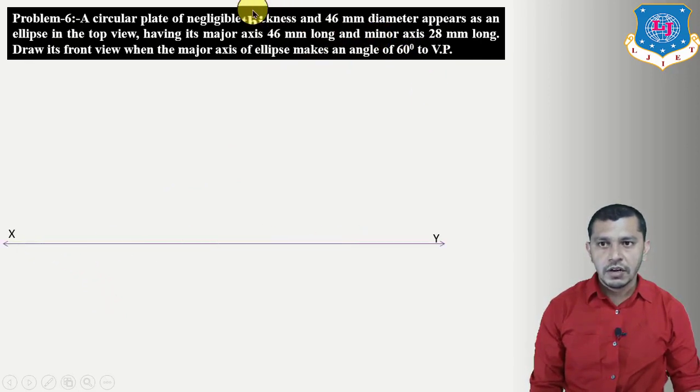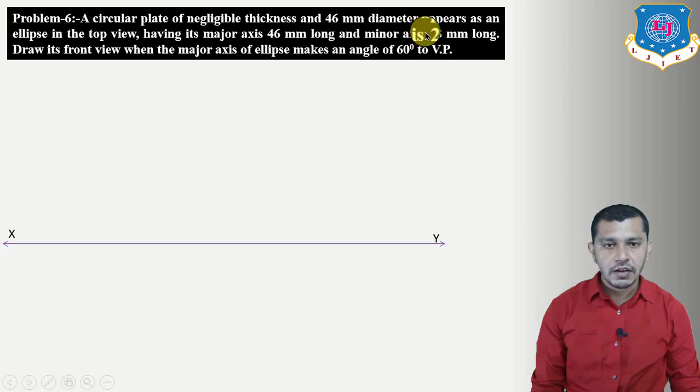Now here the resting condition of the plane is not given, but it is given that the top view appears as an ellipse, having major axis 46 mm and minor axis 28 mm. So from this statement we can say that the plane will rest on HP. So in the first stage we have to assume the surface of the circular plate parallel to the horizontal plane.